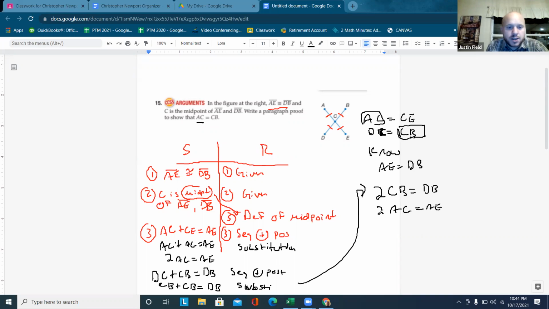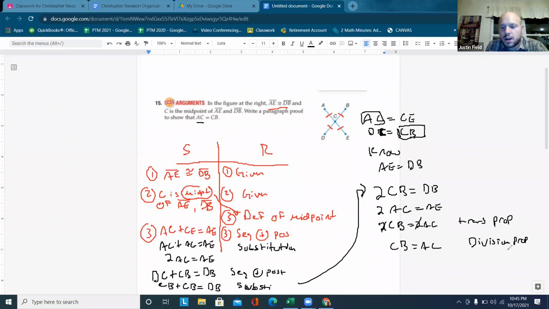From step 3. But we know that DB equals AE. So we can say transitive property, 2CB equals 2AC. It's transitive property. Right? And then divide, CB equals AC, division property of equality.